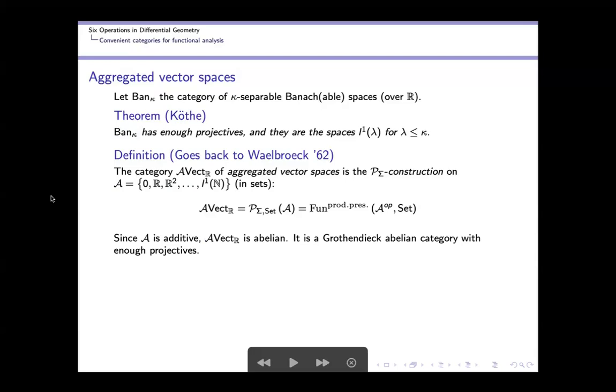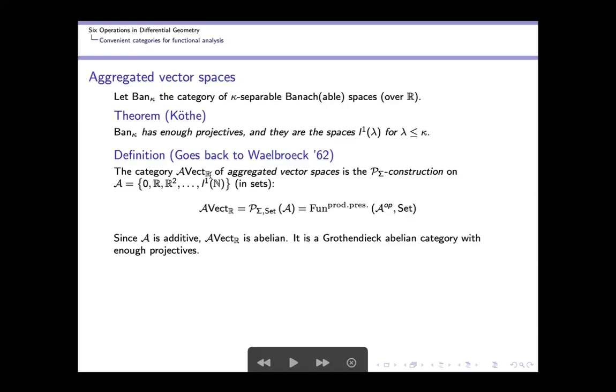The non-trivial thing is to understand how a finite dimensional copy of R maps into this L1 of N. L1 is a sequence space, so it's a countable sequence, and you require that it's absolutely summable. If you take the absolute values of this sequence and sum it, this needs to converge. And all of the finite dimensional vector spaces sit in there by just taking 0 at some point.